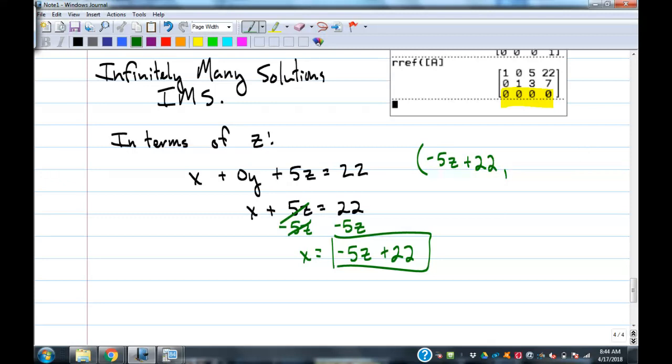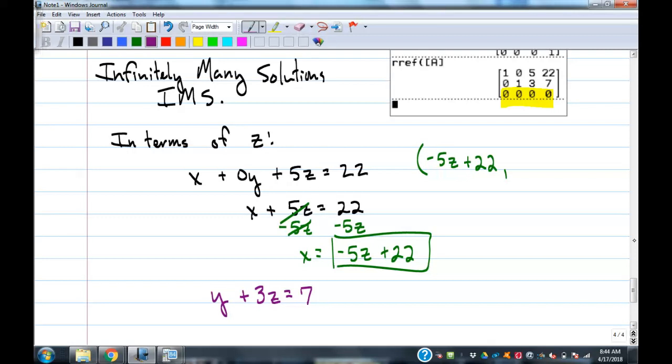So what's the equation that I build to get the Y part? The second row, right? We got 0 X's plus 1 Y plus 3Z is equal to 7. So that's Y plus 3Z equals 7. If I want that in terms of Z, that means I get what variable by itself?